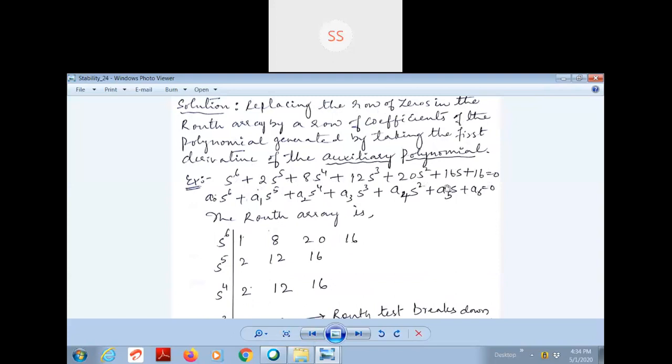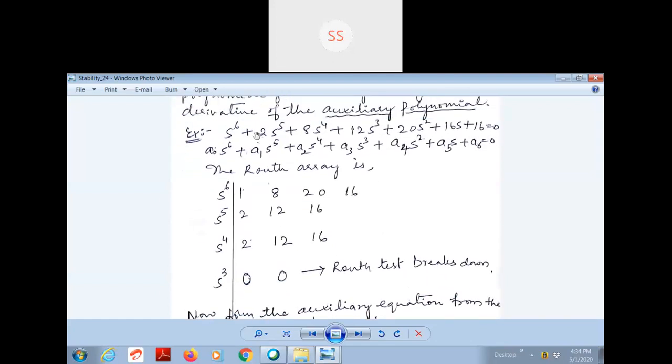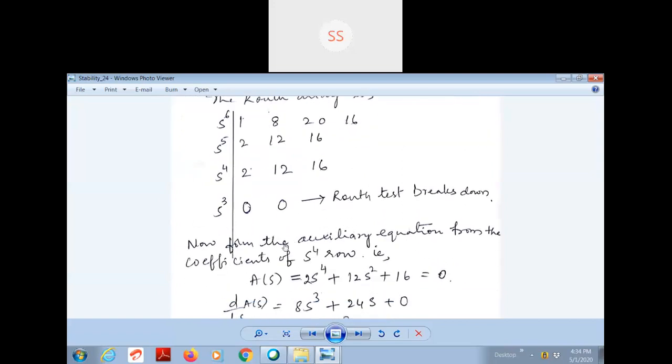Now I hope you have understood from where we got this characteristic equation. This is the denominator of the transfer function, available from the denominator of the transfer function of a closed loop system. Okay, now in those problems we readily took the characteristic equation, completed the root array, and just checked whether it is stable or unstable.